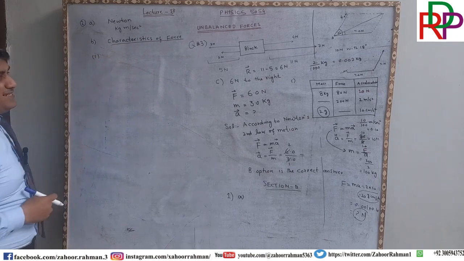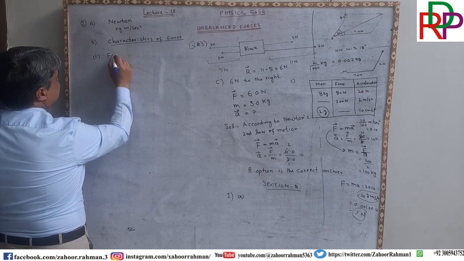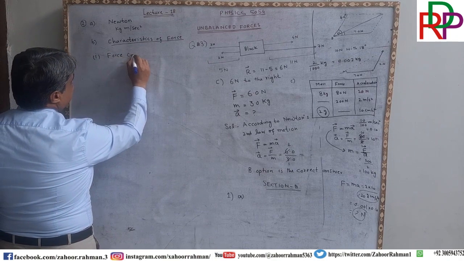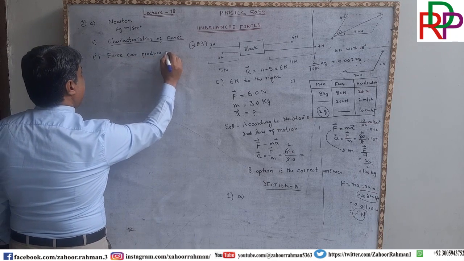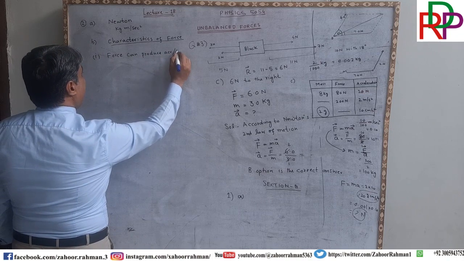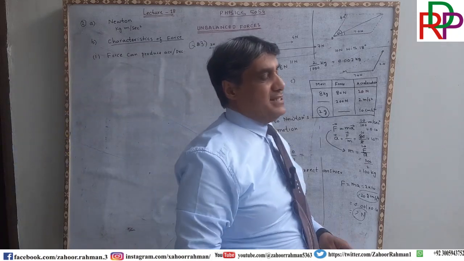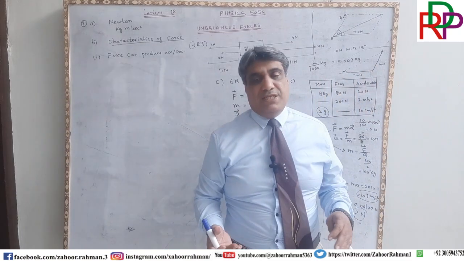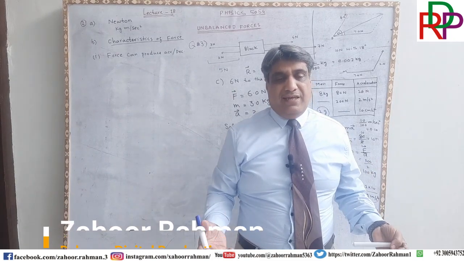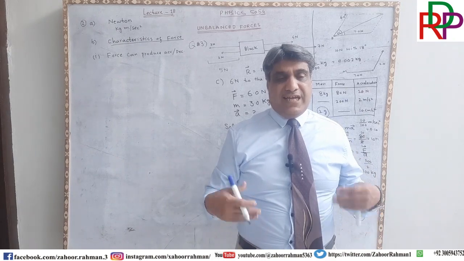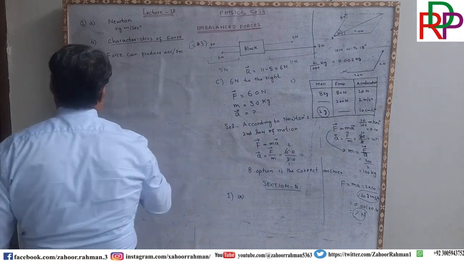Number one characteristic of force is that force can produce acceleration or deceleration. If a body is at rest and you are applying a force, it will produce acceleration. But if a body is moving and you are applying a force, you can decelerate that as well. So this is the first characteristic of force.